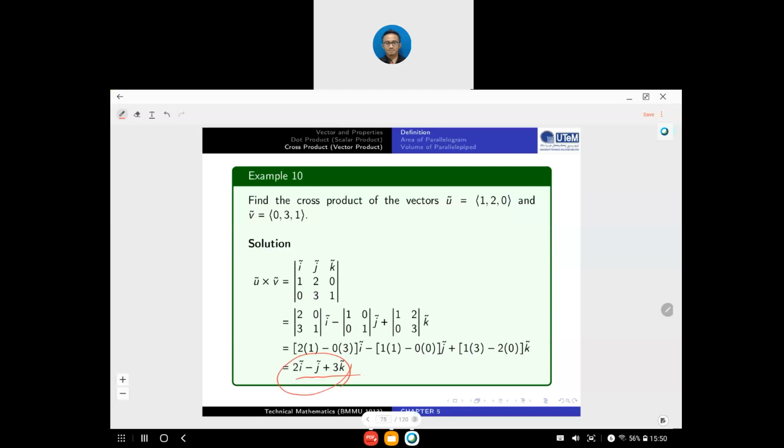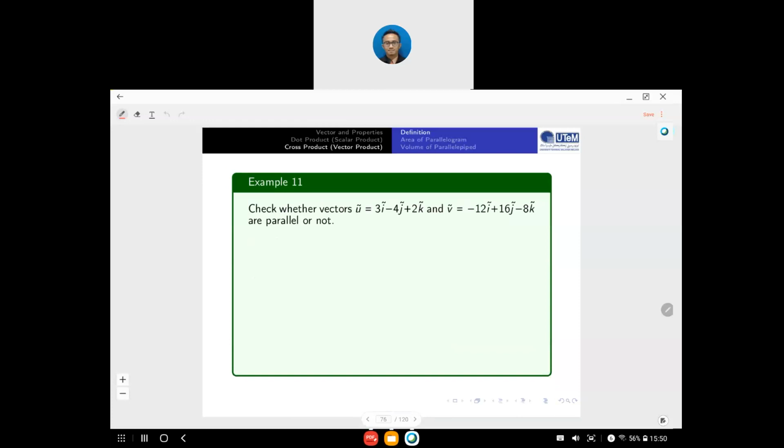Okay, now example 11, we want to check whether vector U and V are parallel or not. To check whether they are parallel or not, you must look at the result of the cross product. So you do the cross product between vector U and V. You write IJK, 3, negative 4, 2, and then negative 12, 16, negative 8.